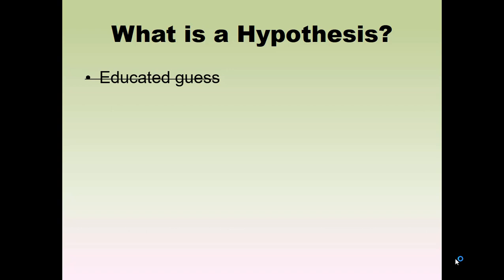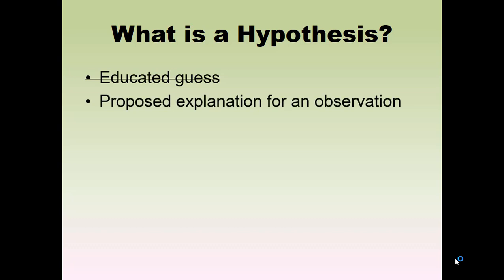So let's take a look at a hypothesis with a little bit more sophisticated lens. A hypothesis is a proposed explanation for an observation with a couple of guidelines behind it. First off, it must be testable. That's a very important aspect that we need to keep in mind.